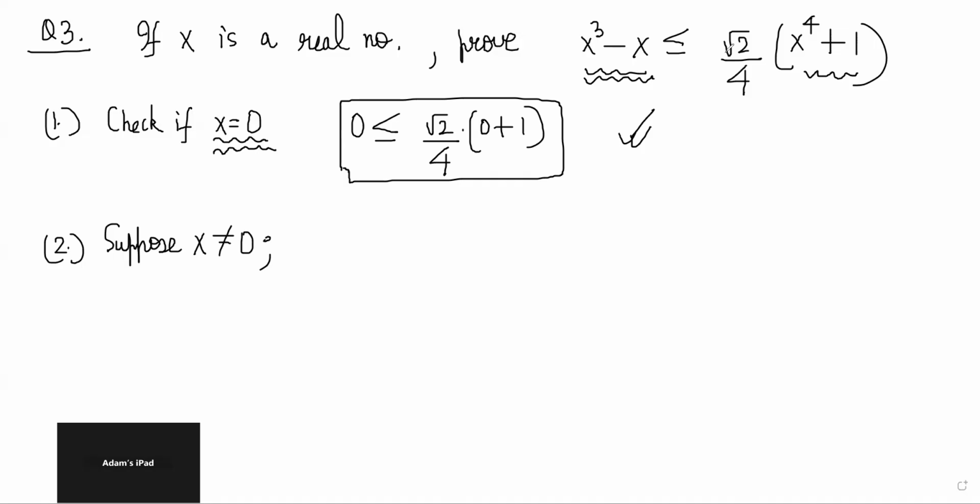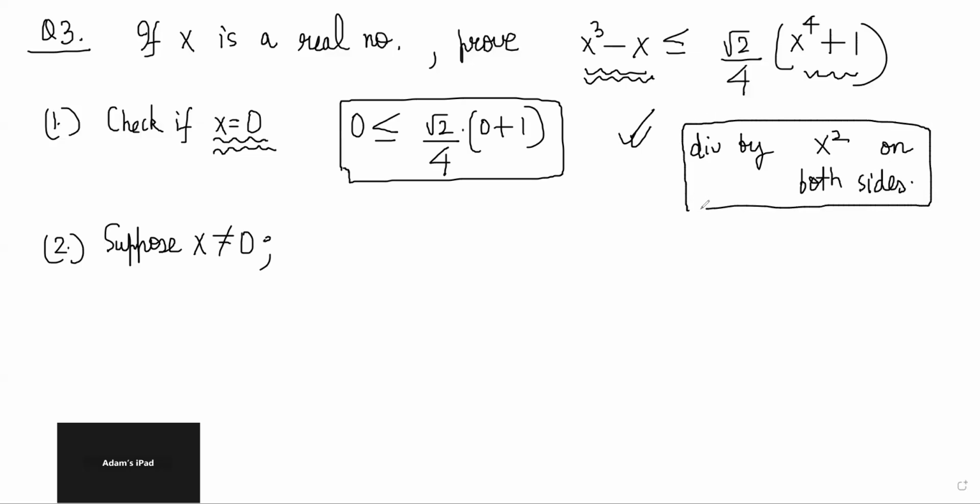So there is a nice way to make it easier. You should divide by x square on both sides. Why are we dividing by x square and not x? So that you don't get an x cubed.